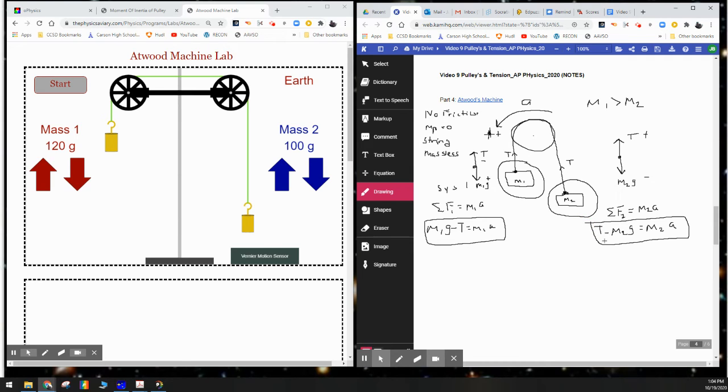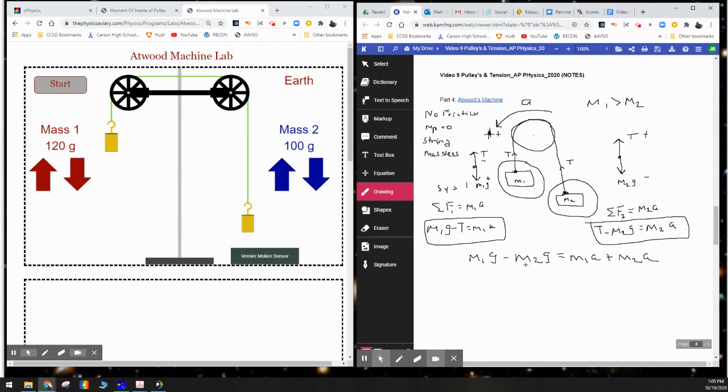At this point, we want to see if the tensions cancel out on the left side. Negative T plus T, the T's are gone. So if I add up everything on the left side, I have M1G minus M2G is equal to M1A plus M2A, like so.